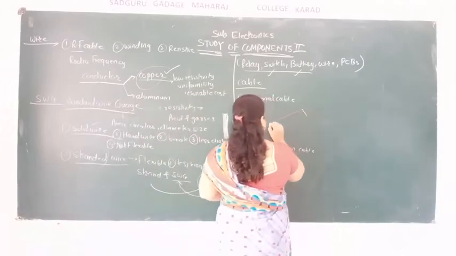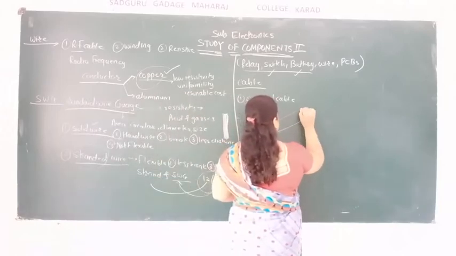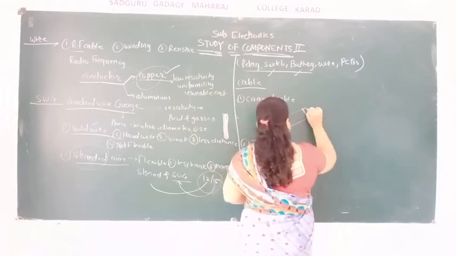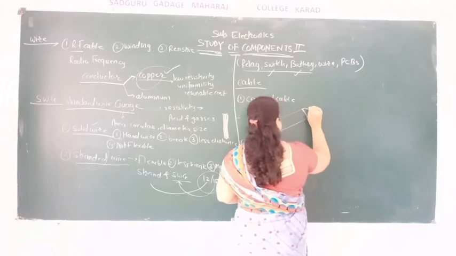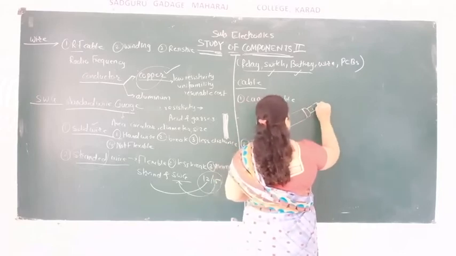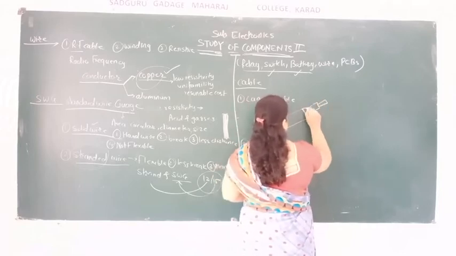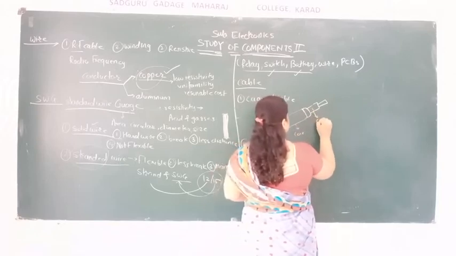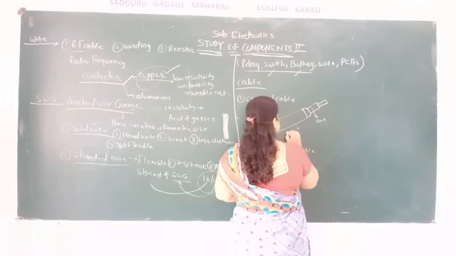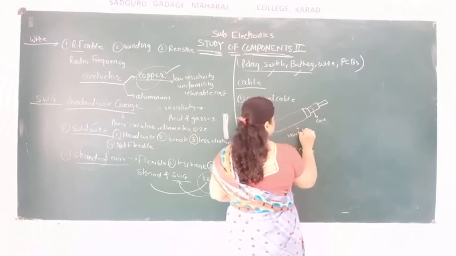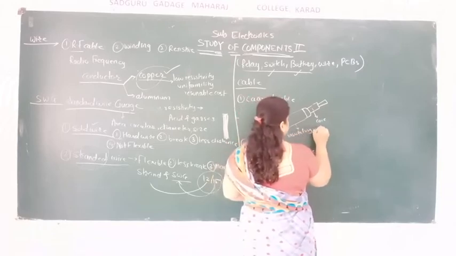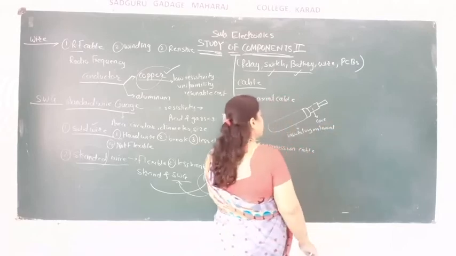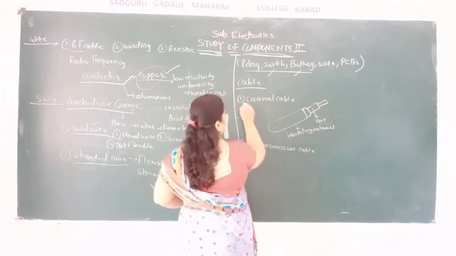You can draw this coaxial cable like this. This is the core and this is the insulating material.